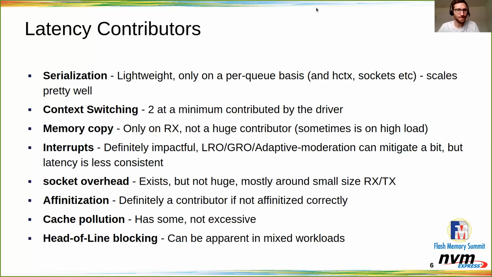It exists, but it's really not huge. It's pretty fast given that sockets are pretty uncontended in a multi-queue interface. But with small I/O, it could make an impact. Affinitization between interrupts, applications, and I/O threads definitely can impact performance if not configured correctly, and we'll touch more on that.